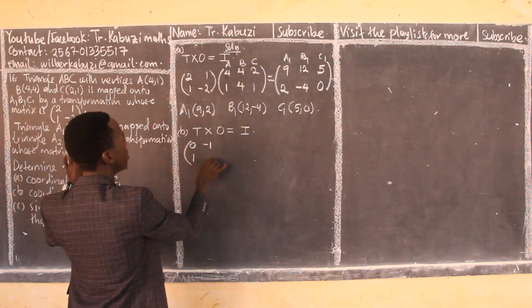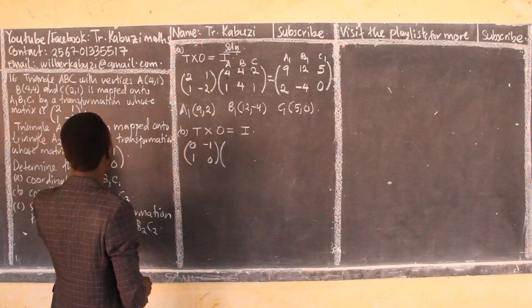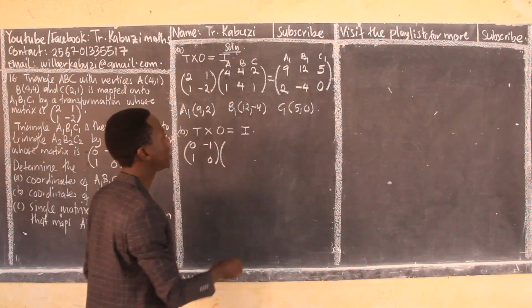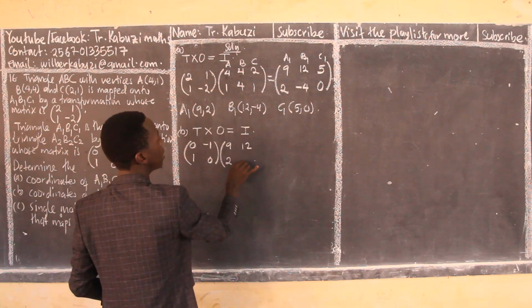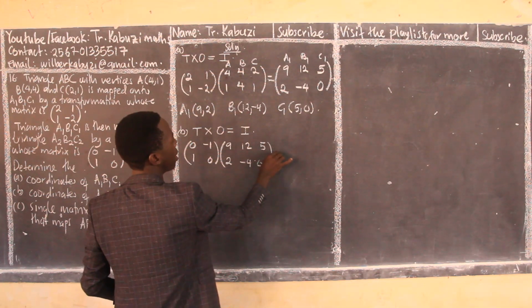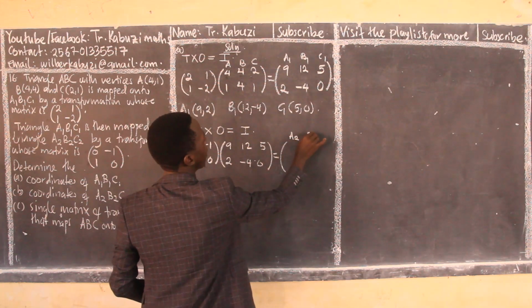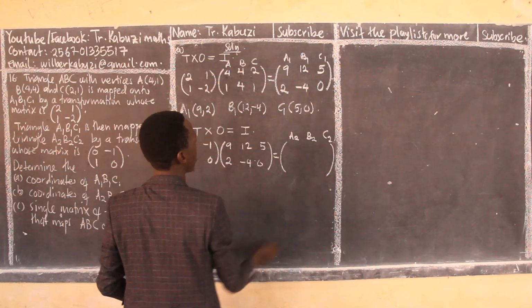Now this is going to act as my object, and I'll be getting my A2, B2, then C2 in that order.